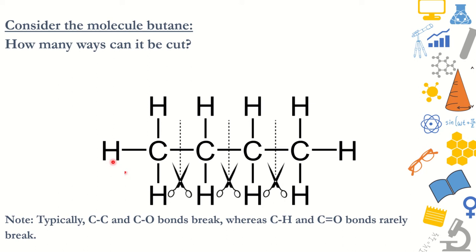Now just to help you out here, typically single carbon-carbon bonds and single carbon-oxygen bonds will break very easily, whereas single carbon-hydrogen bonds and carbon double bonded to oxygen don't break very easily. So we can actually cause breakage in multiple areas.